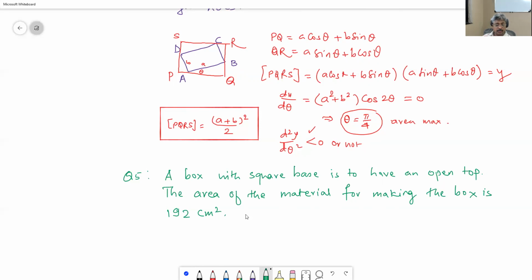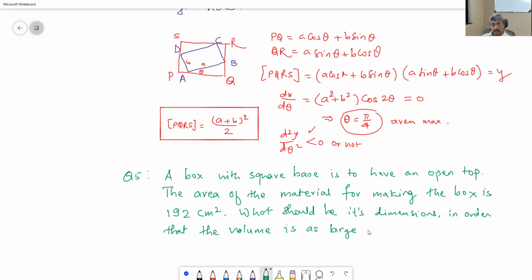What should be its dimensions in order that the volume is as large as possible?